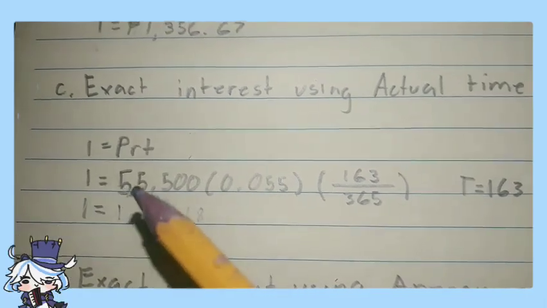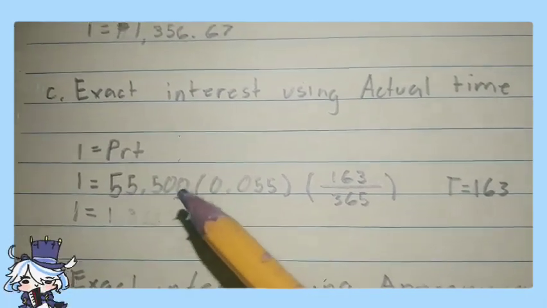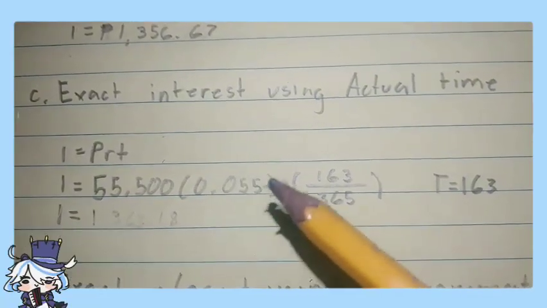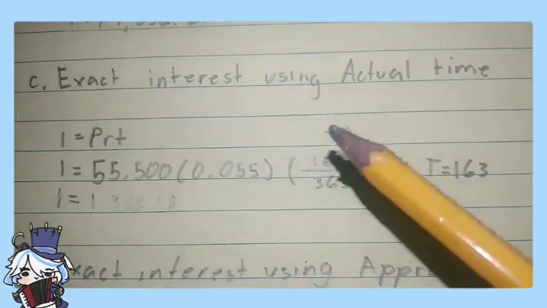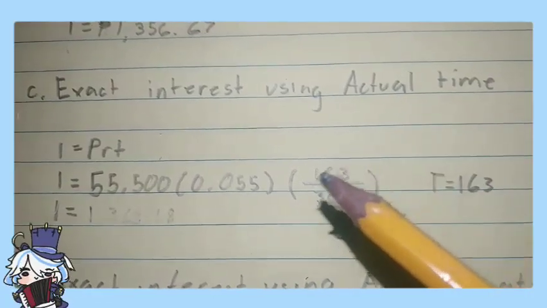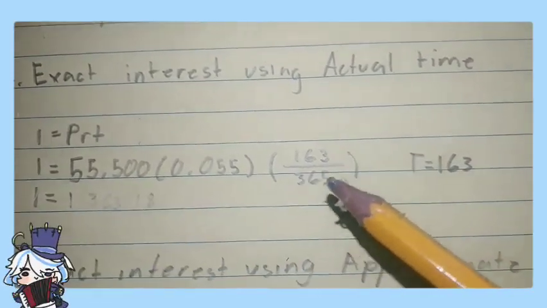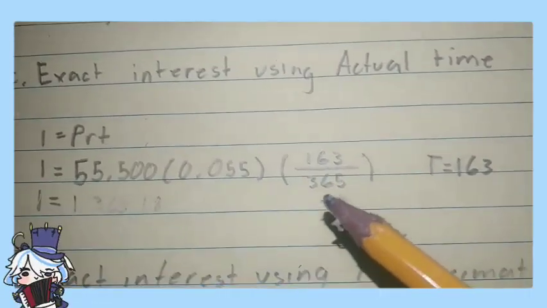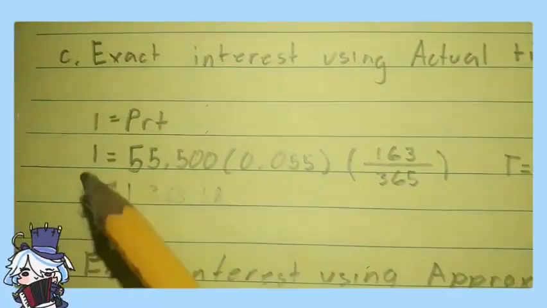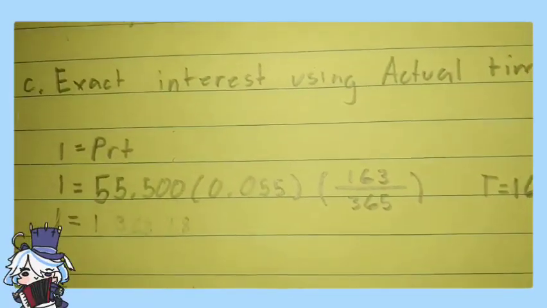I is equals to 55,500 open parenthesis 0.055 close parenthesis open parenthesis 163 divided by 365 close parenthesis, and it's equals to, wait, let's solve.